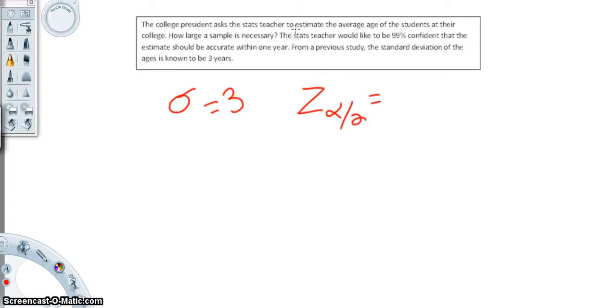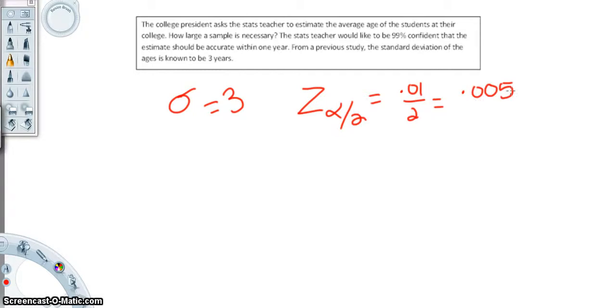We need to know z sub alpha over 2, which we can't really find out of here easily. So what do we need to look at? Is we're looking at 99% confident. So we know we need to say 1 subtract 0.99. So we get 0.01 over 2, which gives us 0.005.